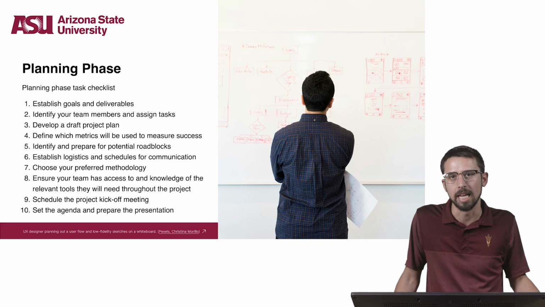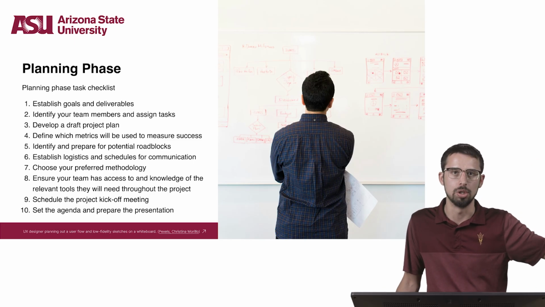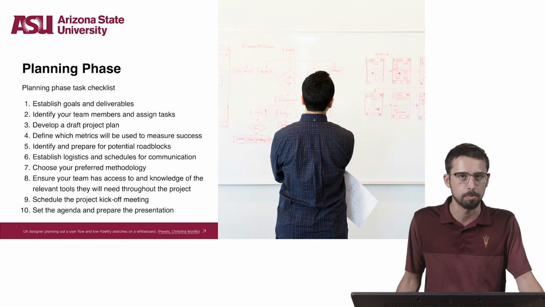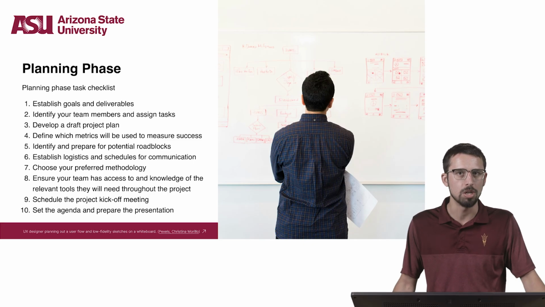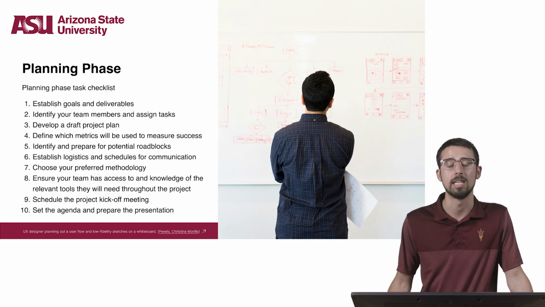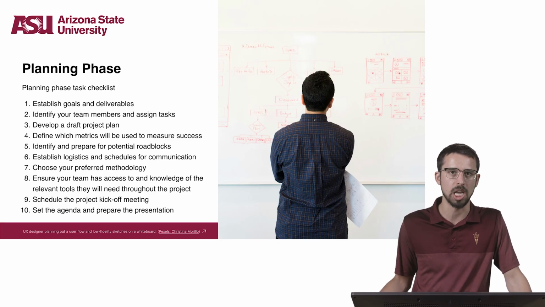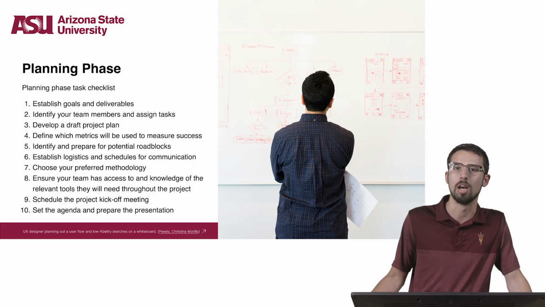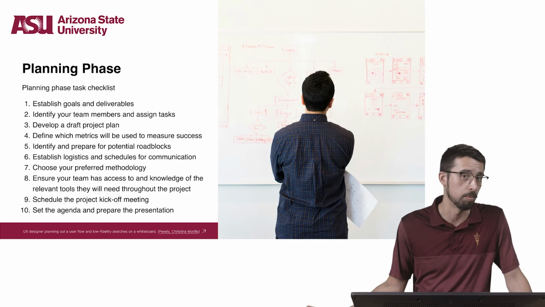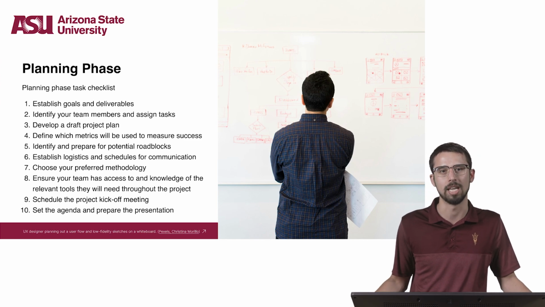However, before that meeting happens, it is crucial for the project manager to do each of the following: establish goals and deliverables, identify your team members and assign tasks, develop a draft project plan, define which metrics will be used to measure project success, identify and prepare for potential roadblocks, establish logistics and schedules for team communication, choose your preferred project management methodology, ensure your team has access and knowledge of the relevant tools that they will need throughout the project, and then schedule the project kickoff meeting, that's important, and set the agenda and prepare the presentation for the project kickoff meeting.